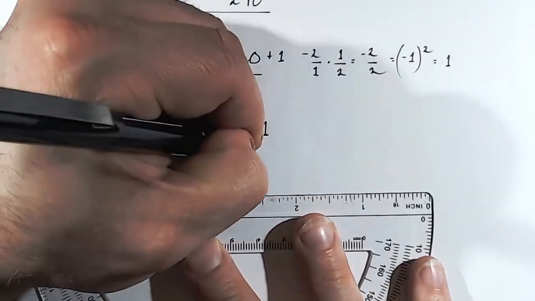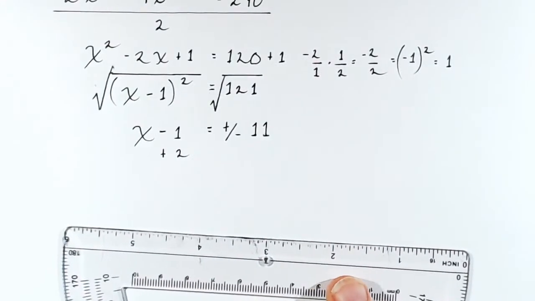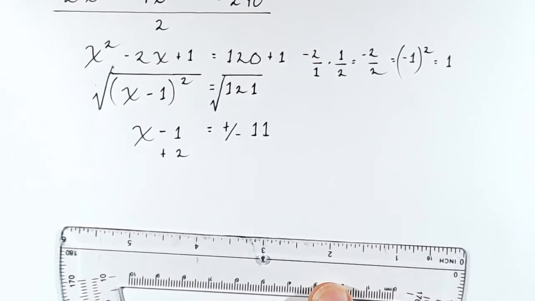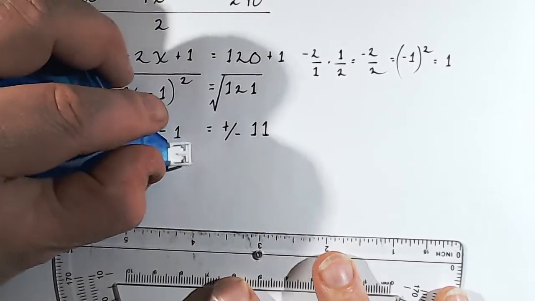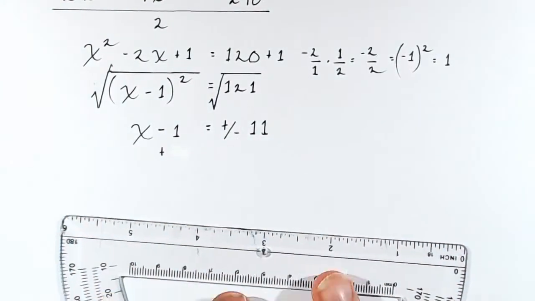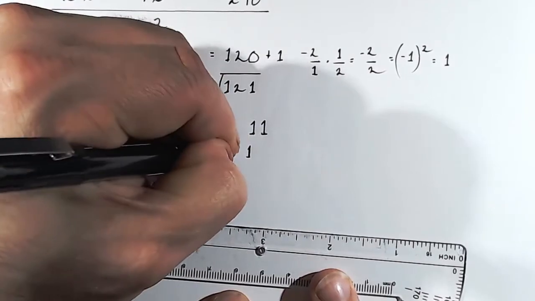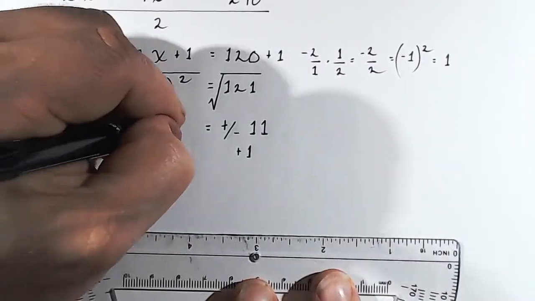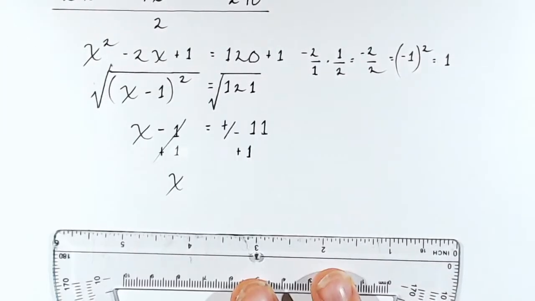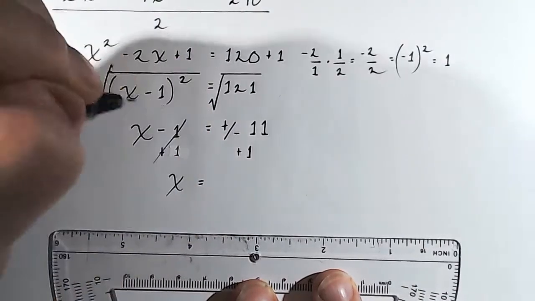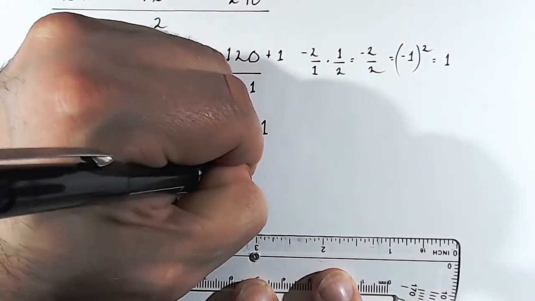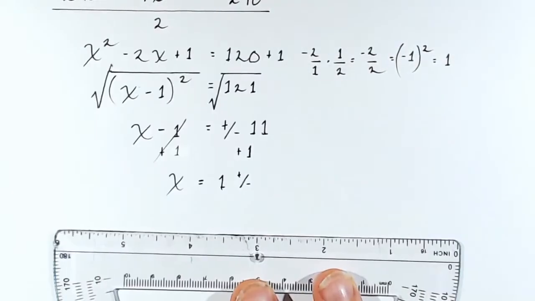We just add 1 to both sides. I don't know where I wrote 2. Add 1 to both sides. And now I have x by itself equal to 1 plus or minus 11.